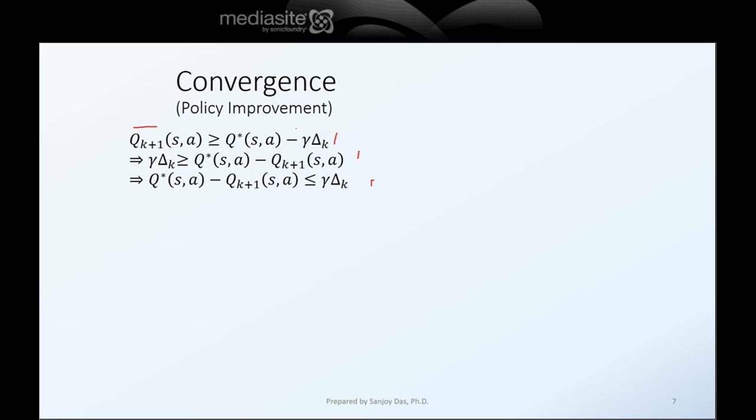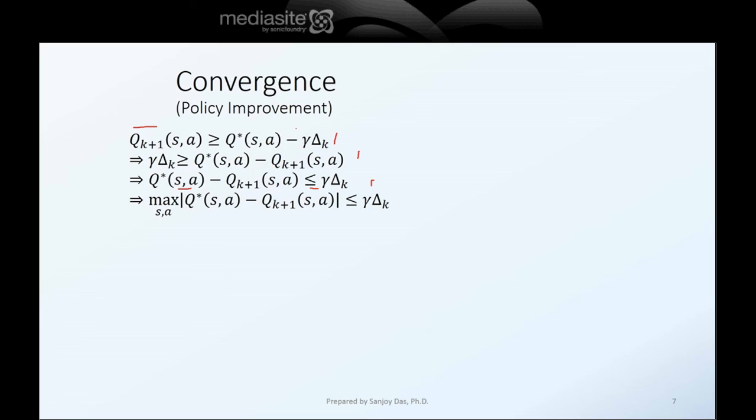So Q star minus QK plus 1 is always less than or equal to gamma delta K, and which means that for every possible S A, if Q star minus QK plus 1 is less than or equal to gamma delta K, then it's going to be so for the max of the difference too.